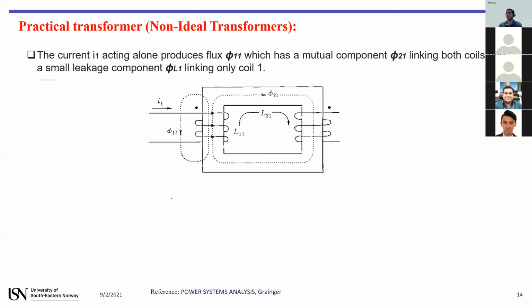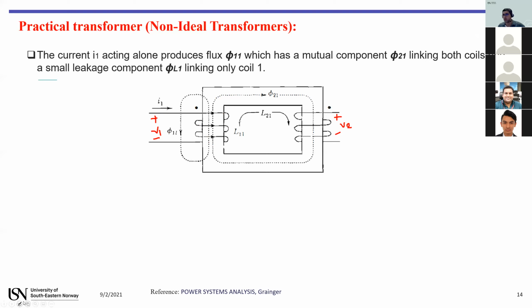However, we want to calculate the voltage here and here, V1 and V2. What are these equations in the non-ideal transformer? Now, suppose that we have just one winding with the voltage and the current.